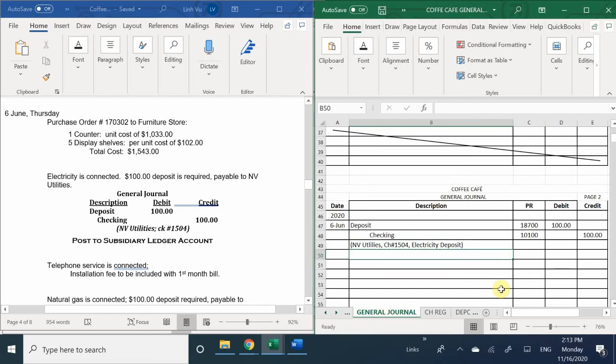So what comes after the journal? With the journal, we did the check. We need to do the vendor subsidiary ledger. A lot of people call it the subledger, so it's easier.